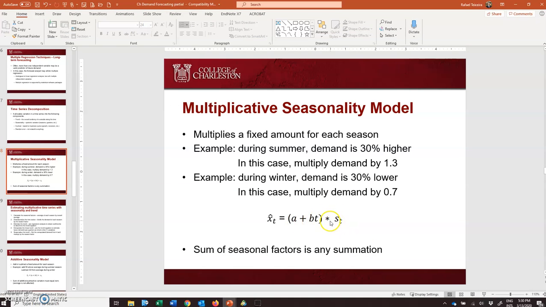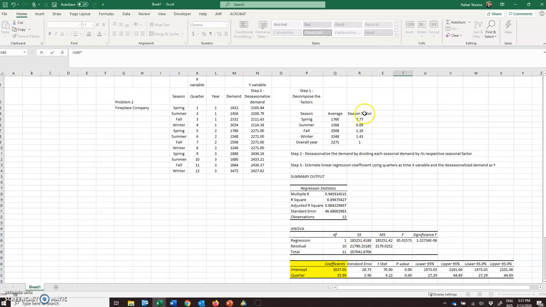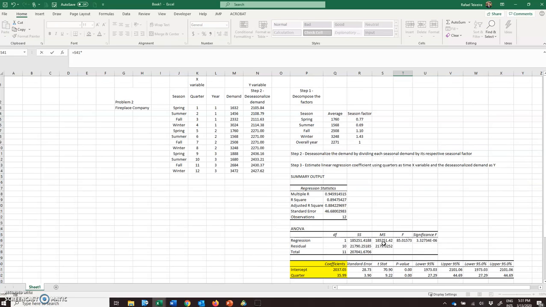Now we have to multiply by the season factor, okay, to get, finally, the forecast. We get this trend and multiply by the season factor related to spring. So we go up and multiply by spring. And then we get the demand, the trend in the demand for summer, and multiply by the season factor for summer.